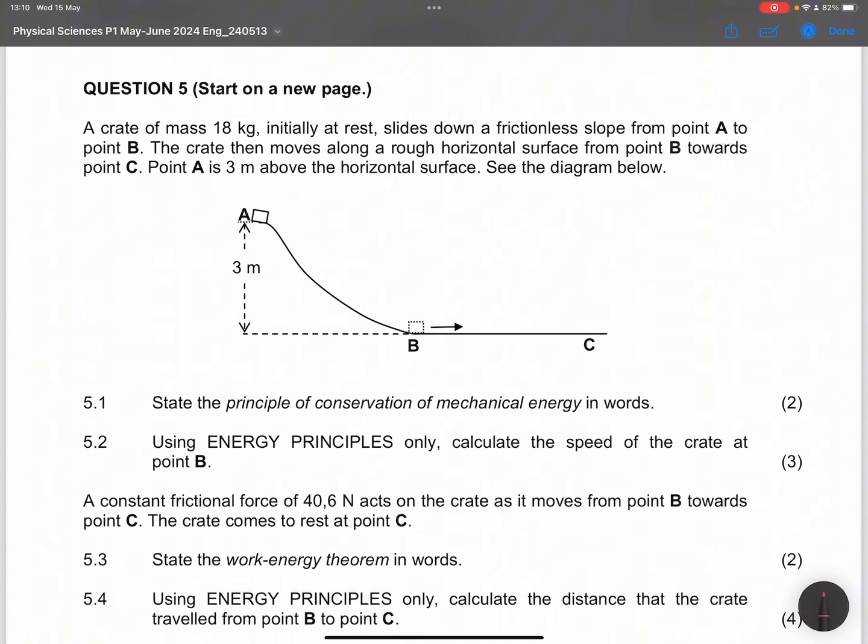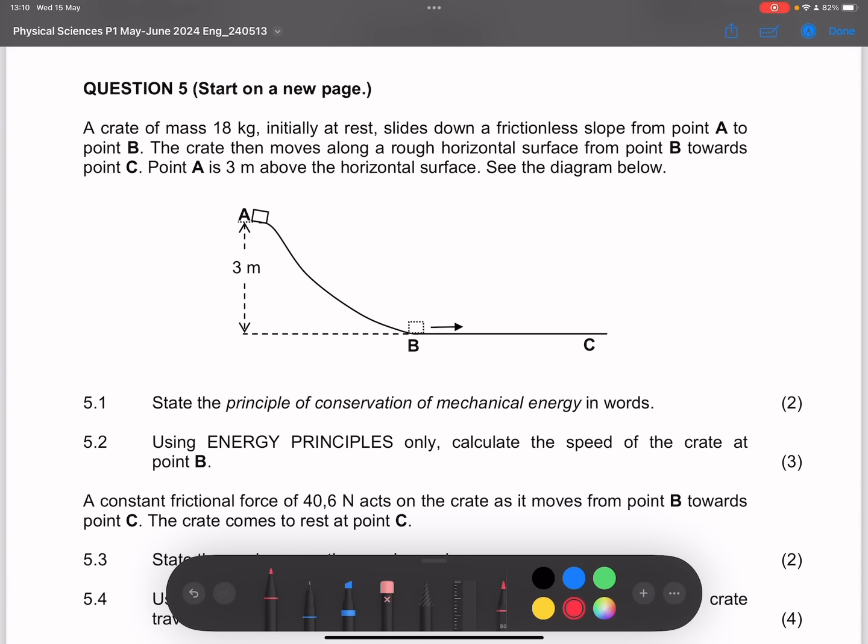And so on to question 5, they say to us, we've got a crate of mass 18 kilograms initially at rest. Now, what I always like doing, ladies and gents, is just to show that the velocity of the trolley is 0 over there.